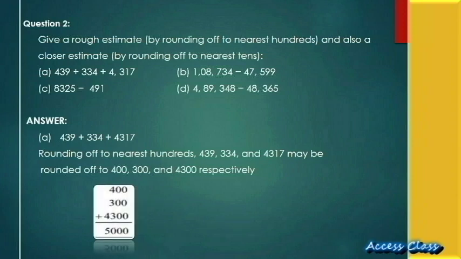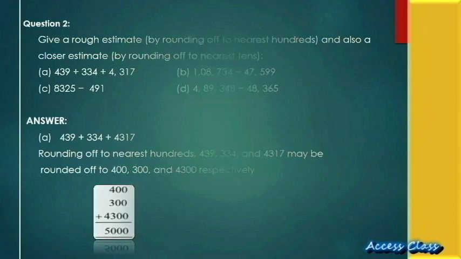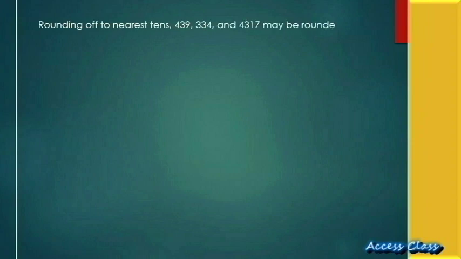Okay. Now we are going to start with closer estimation. Rounding off 439, 334 and 4317 to the nearest 10, you will get 440, 330 and 4320 respectively.